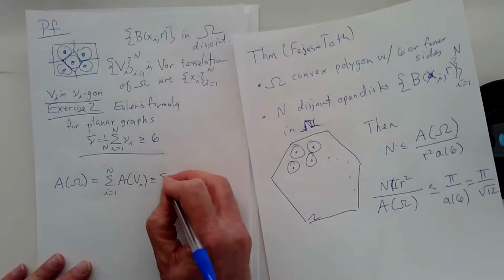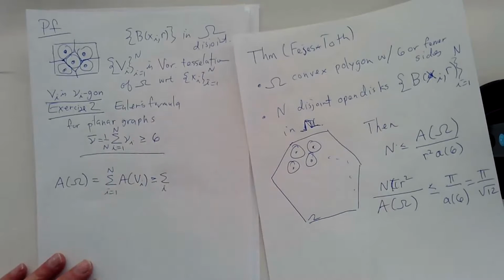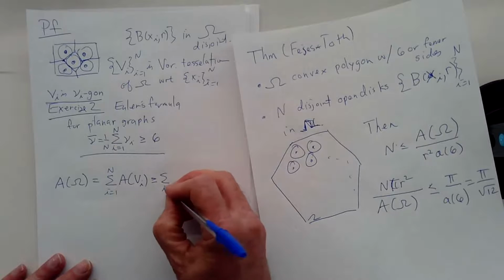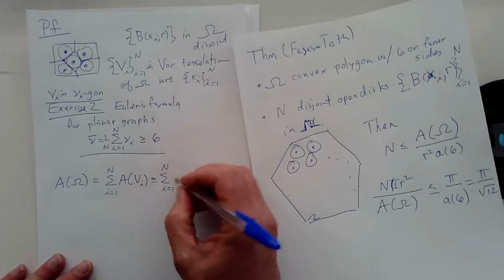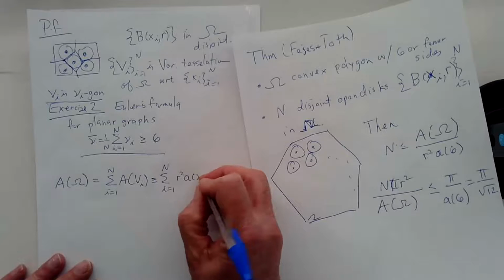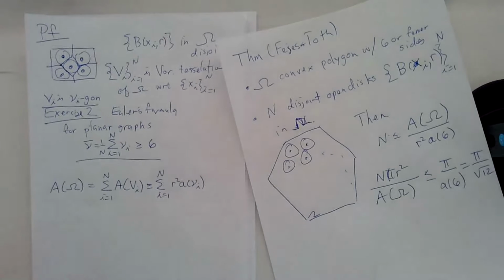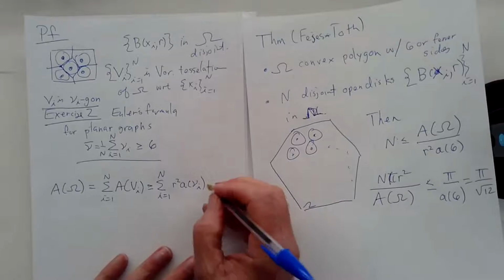So if I replace each of these with a nu_i-gon with inradius r, this is going to be r squared times A of nu_i. That's just the scaled first exercise.